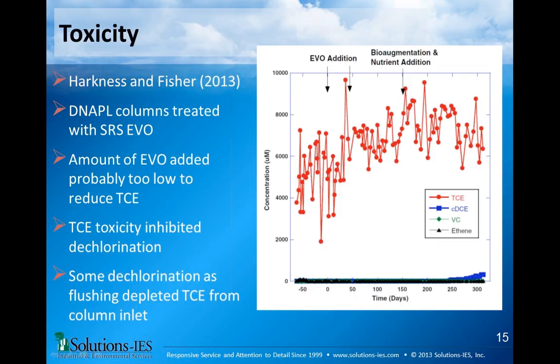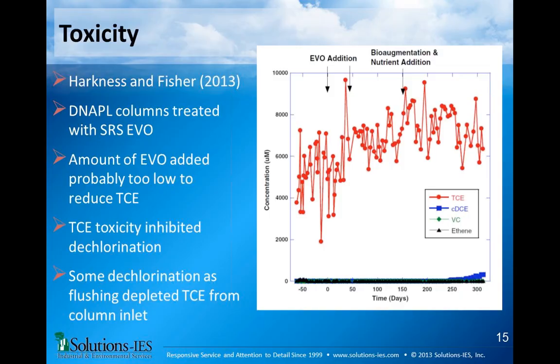A pretty trivial enhancement. But this was, again, pure, neat PCE. When he went back and he mixed the PCE with hexadecane, it worked great. And he's got a wonderful paper. He got enhancement. But basically, he had to dilute away some of the PCE to reduce that toxic effect.